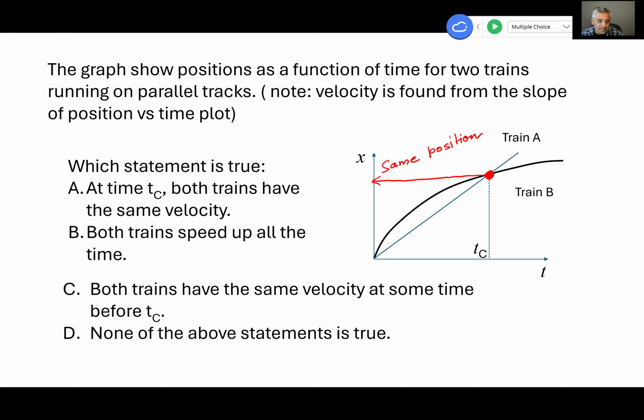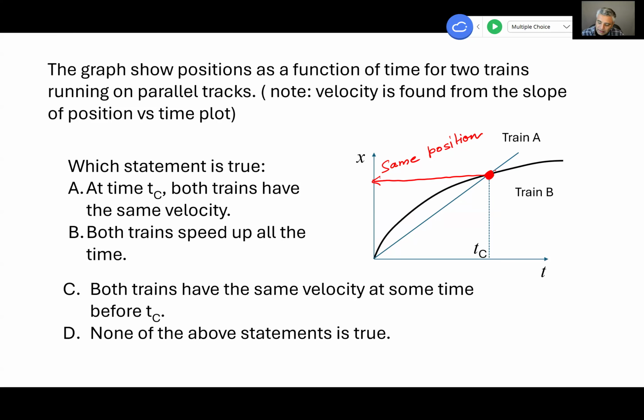Yeah, I see one response on the chat. So change in position over time, or displacement over time. So that's what we use to calculate. If we are looking at the graph, we can think in terms of slope. So change in position over time is also slope. So we need to think in terms of slope.